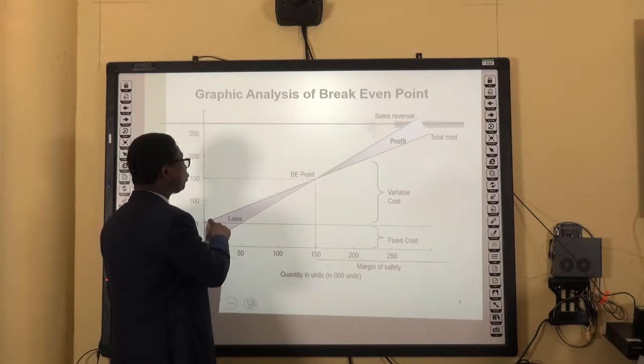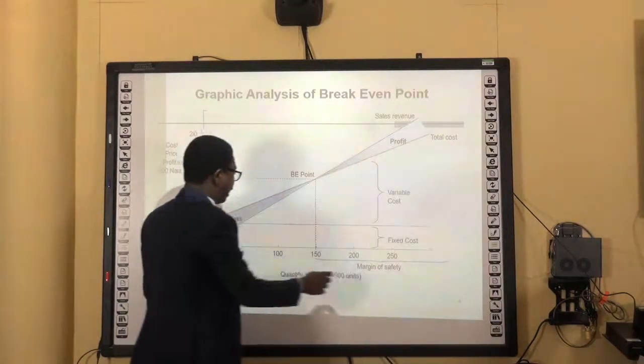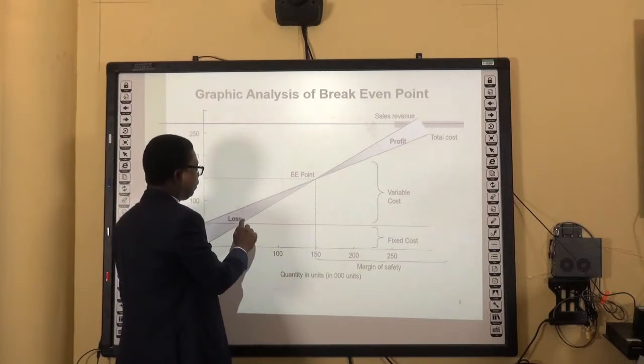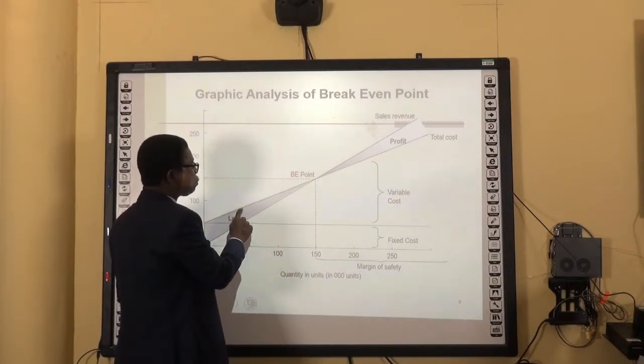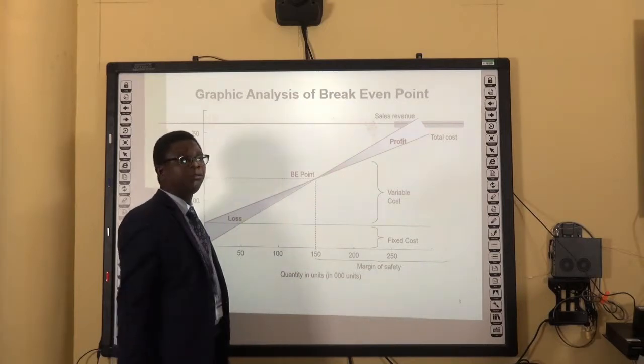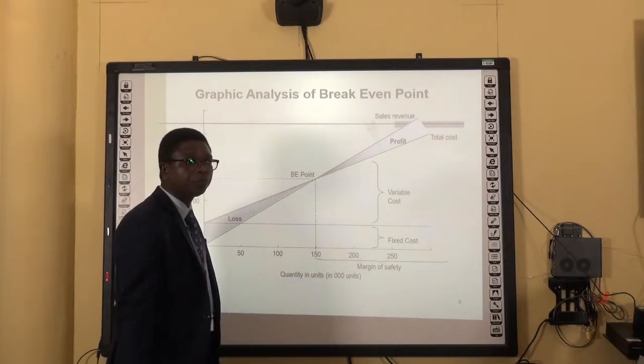That is why you have the total cost curve along this line, comprising the fixed cost and the variable element. Between this point and this point, you have the variable element, and between here and here is the fixed element. So you have 50,000 plus some variable costs.